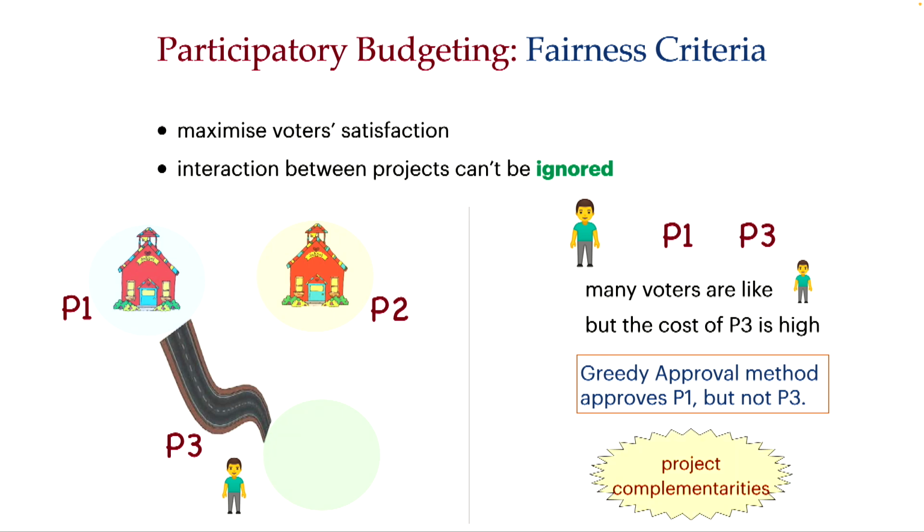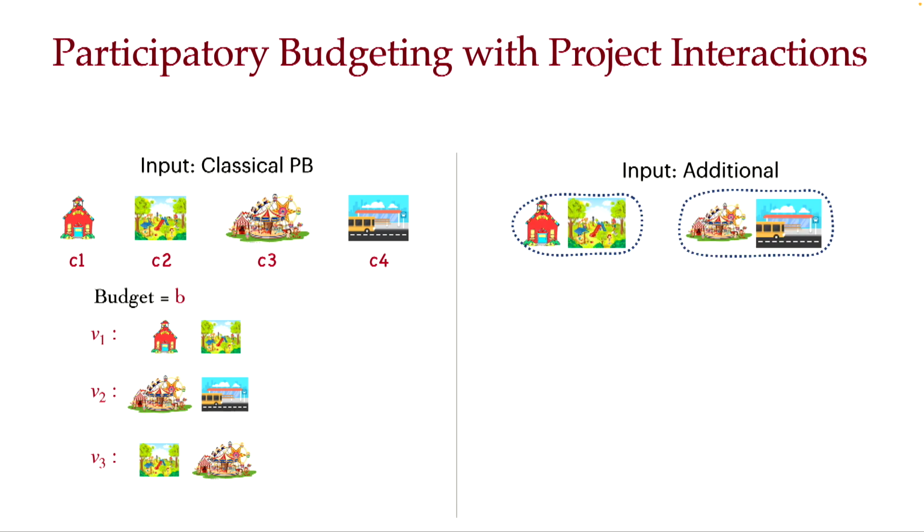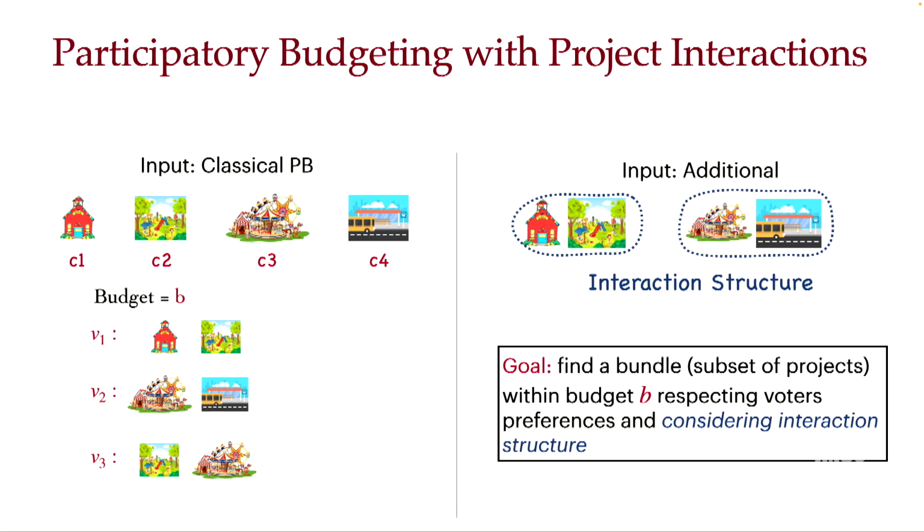So there is an interaction structure between the projects that needs to be taken care of. Okay, so this is the formal model now: to capture the interaction structure you have a function. And now the goal is to find a bundle within budget B that respects voters' preferences and also takes care of the interaction structure.